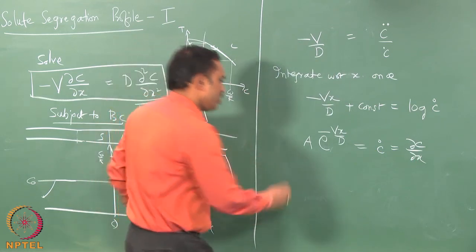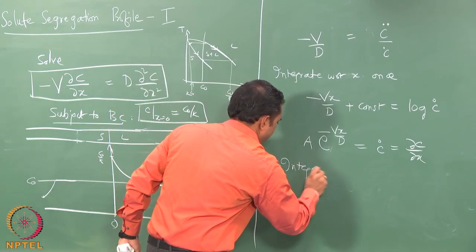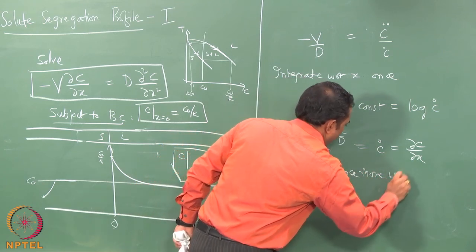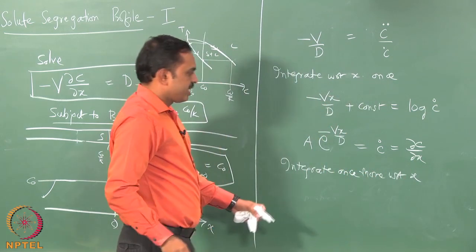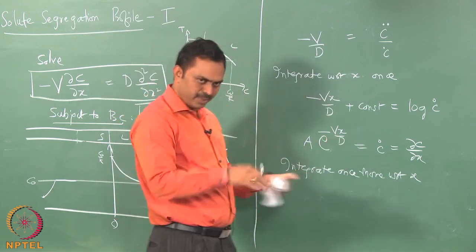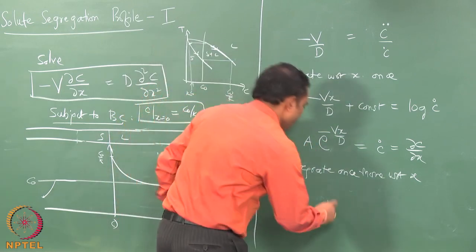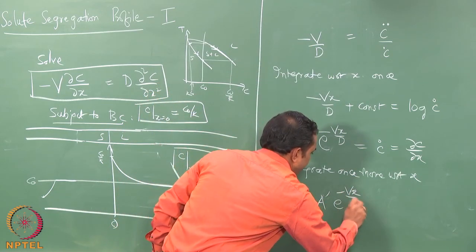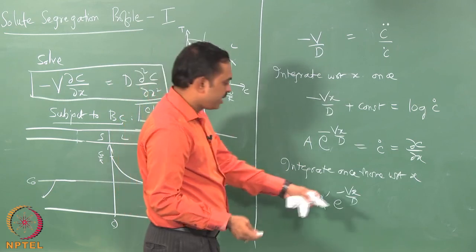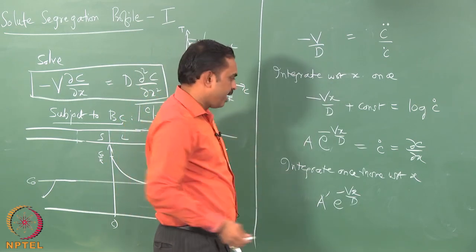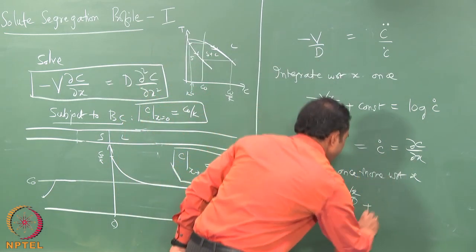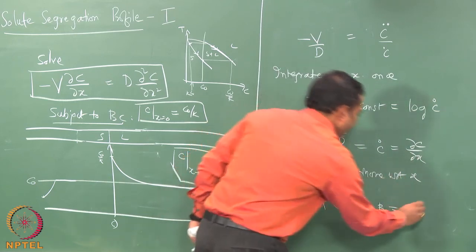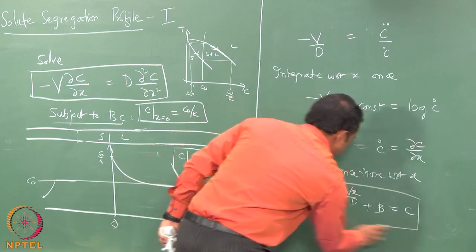And then you can integrate once more, and you can see that integration of e raised to the power of any function will be the same function, and therefore, it would look like a prime e raised to the power of minus v x by d. So, I am just absorbing minus d by v into a and calling it a prime, and plus constant is equal to c. So, that is the solution.